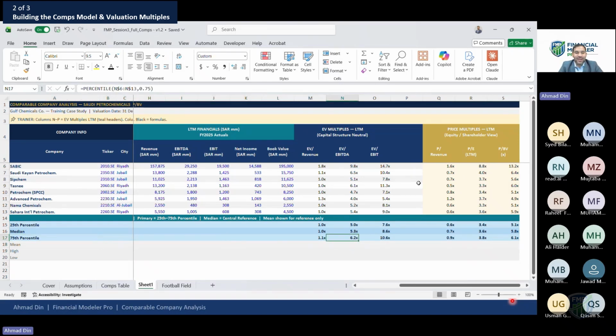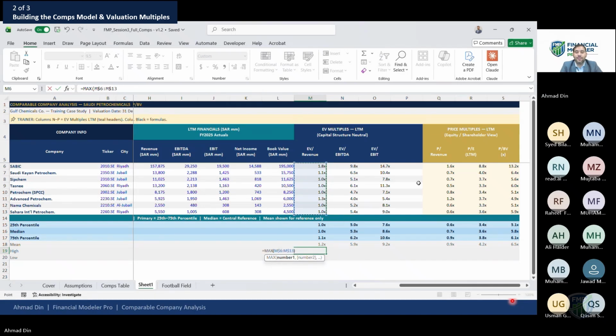Next, mean is our average. What's the average? It will give us a clear picture of what each parameter shows us for the multiple. Then high means max: which company has a maximum multiple? So what's the maximum multiple? Okay, we get the maximum, now the min.